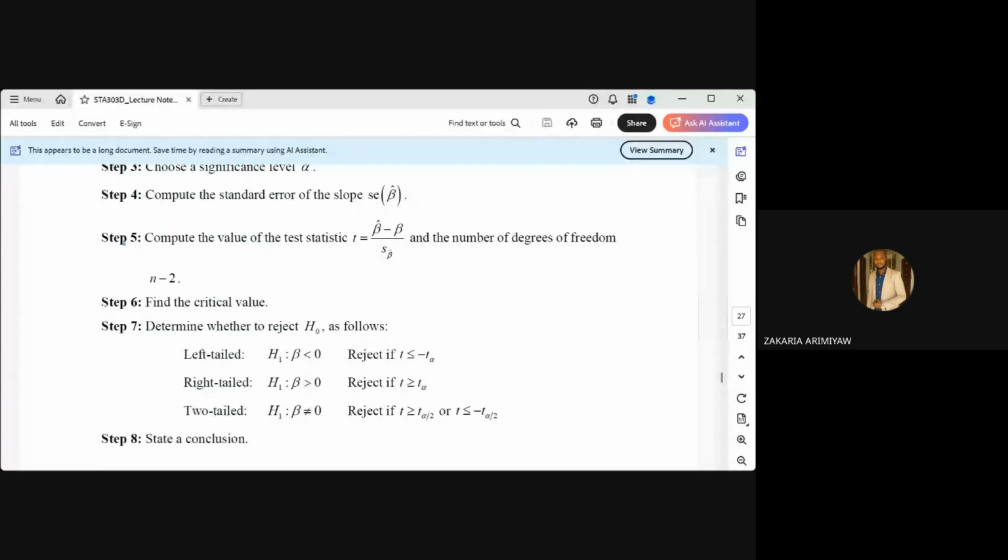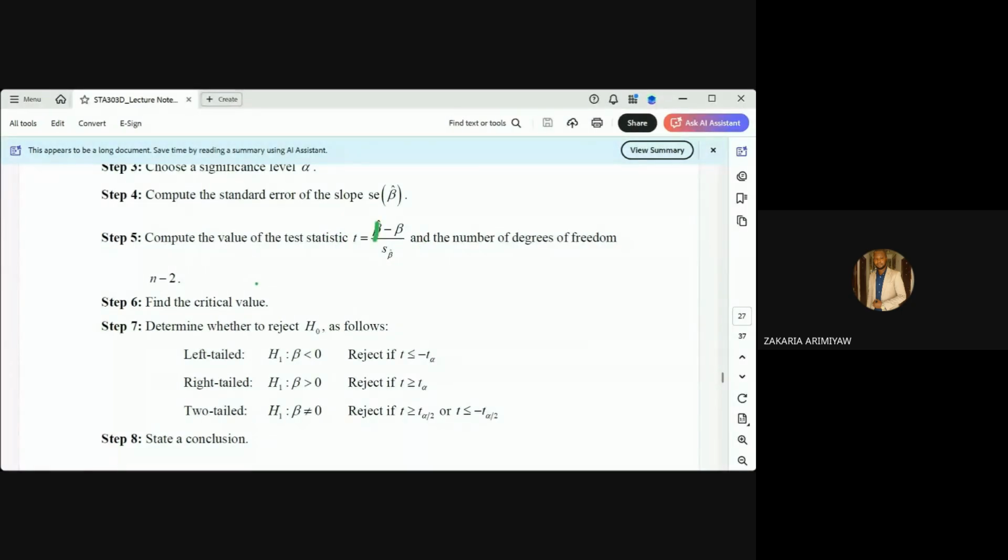So we are saying that we compute the standard error of estimate. That is very important. Once we have the standard error of estimate, we specify the test statistic. The test statistic we use in this test is the T statistic, and this is how it is calculated.